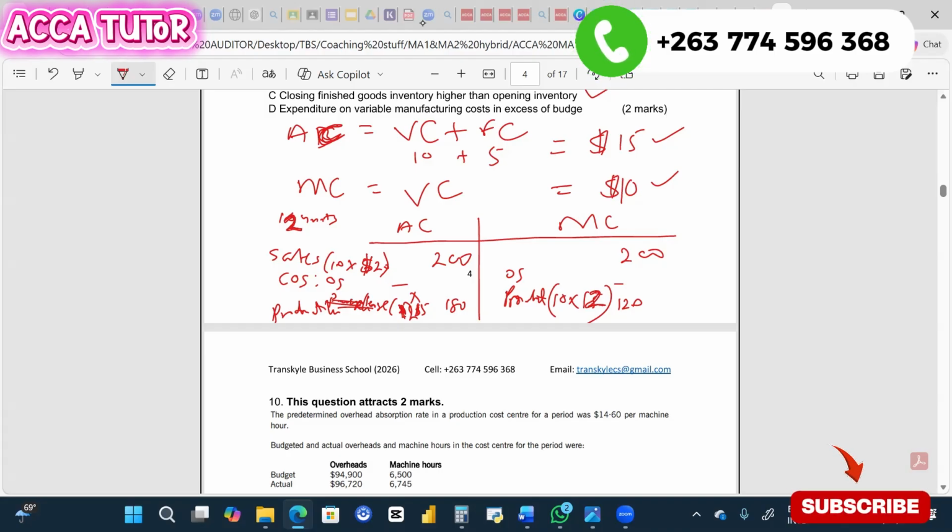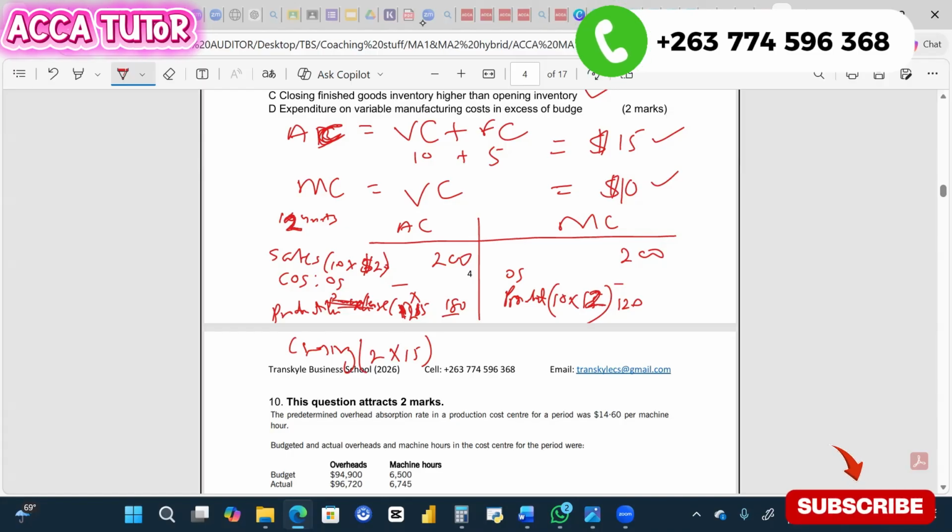Right. And so that's 180. And then the closing, we say that it's just 2 multiplied by 15.